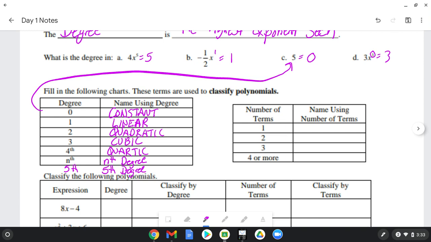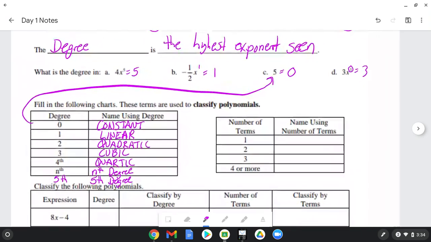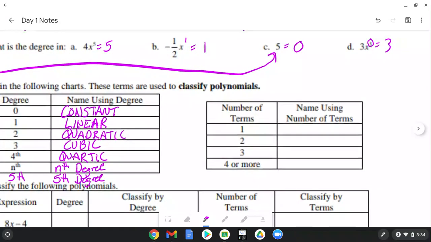So now in the number of terms, we have specific names for how many terms there are. So if there's only 1 term, like up above, I think it was 3xy, we would call that a monomial. So there's only 1 term there. So mono, I think you guys learn in science, means 1. The name for 2 terms is binomial, because bi means 2.